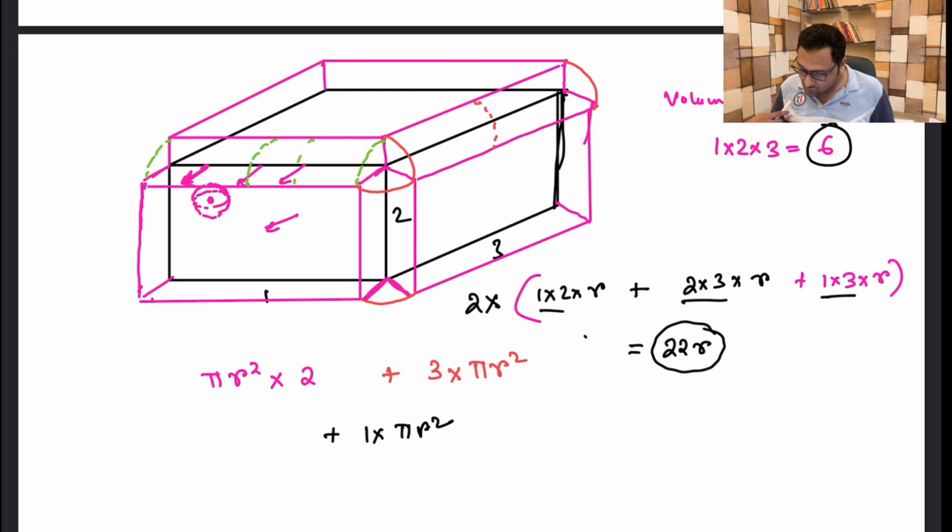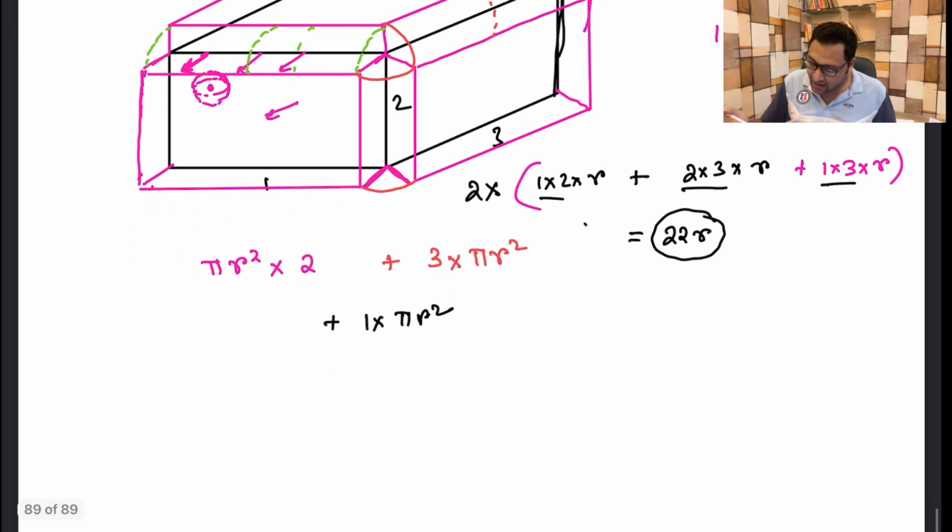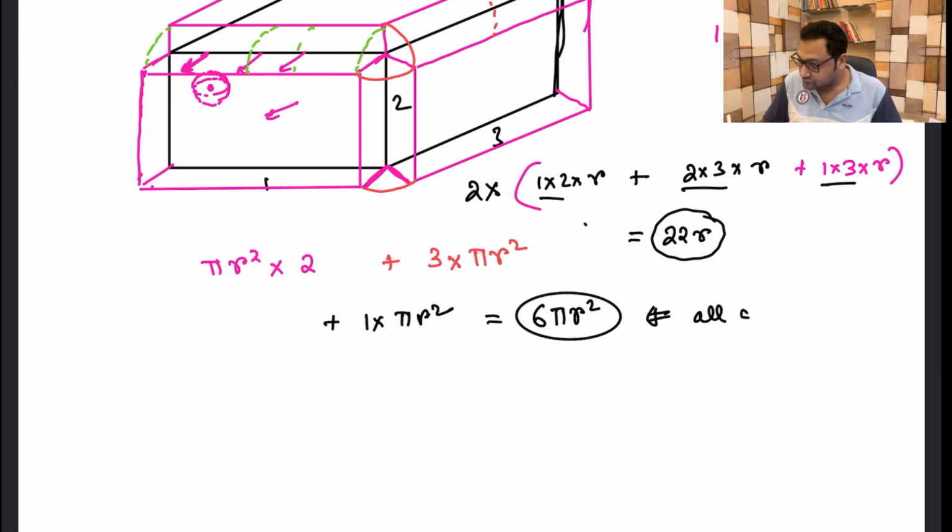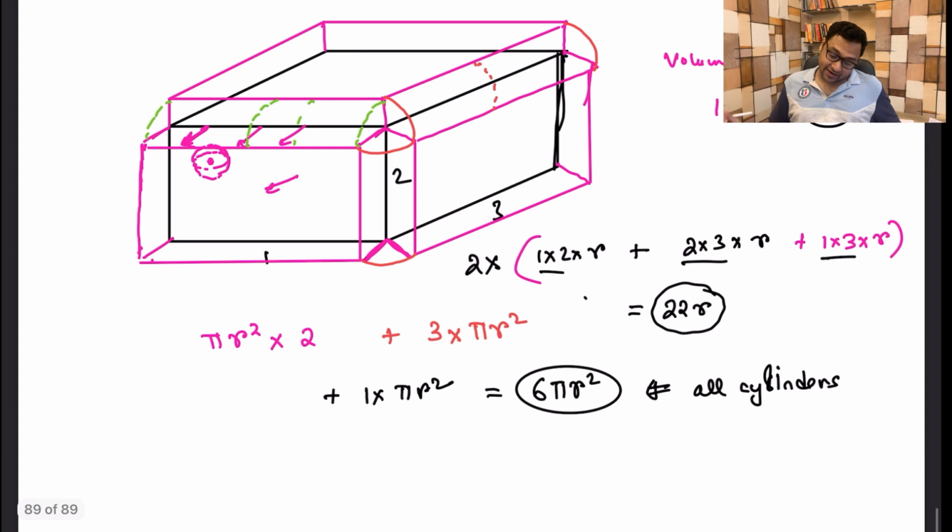Okay. So in total we have 6 pi r square. These are all the cylindrical parts, right? Okay. So we are almost done.